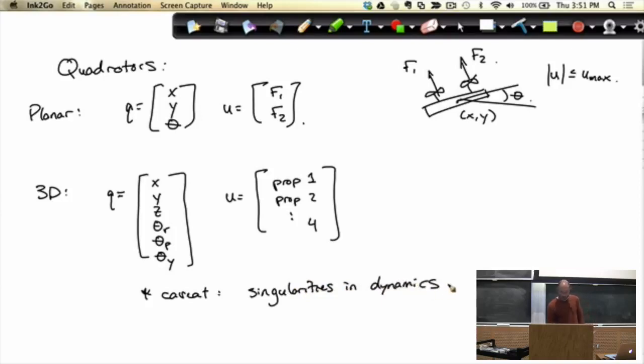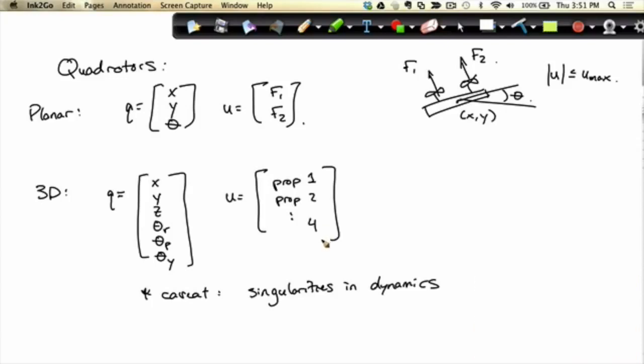Okay, and the other thing is that I wrote prop here instead of thrust, instead of force, because when I write down the dynamics in the full 3D case, I end up with a B that's a function of Q. It's not just a static B, but I need to take into account both the thrust produced by the propeller and also the moment produced by the propeller.